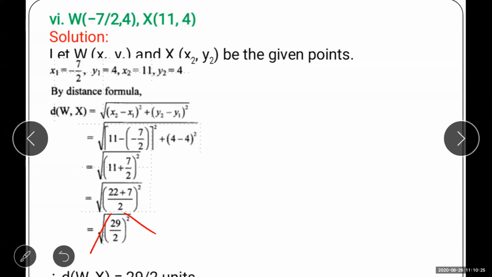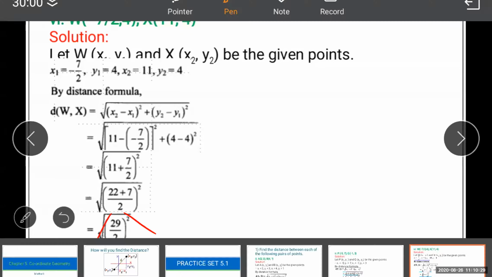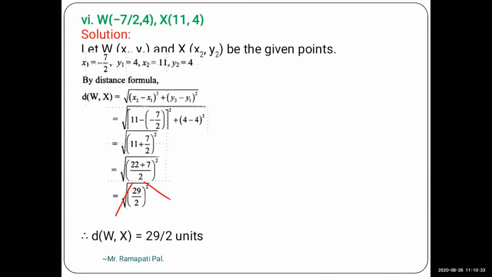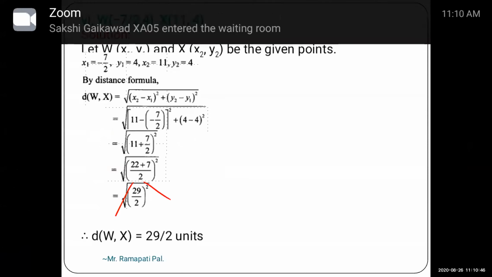So what will remain? 29 upon 2. Correct? So we will write that distance WX is equal to 29 upon 2 unit. Therefore, the distance between the points W and X is 29 upon 2 unit.